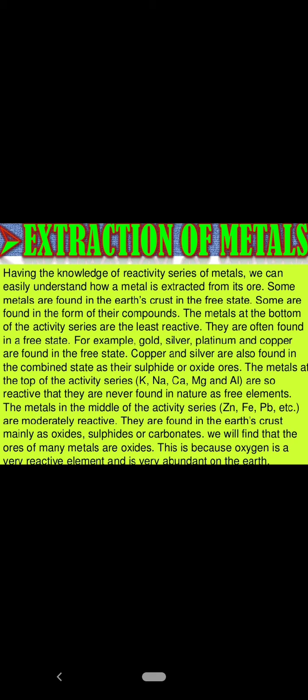These are reactive elements and can be separated with the process of electrolysis, while zinc, iron, lead, these are moderately reactive elements and they are found in the crust in the forms of oxides, that is oxygen is mixed with them, or in the form of sulfides or even in the form of carbonates, while gold and silver are found in the native states. Thus, on the basis of reactivity, we have grouped the elements into different categories.